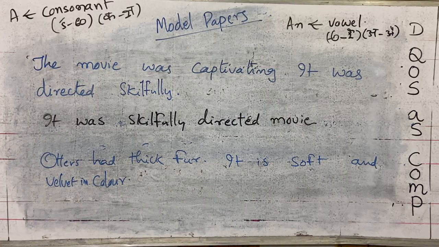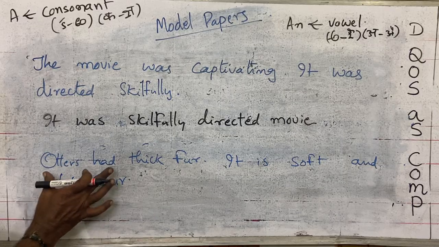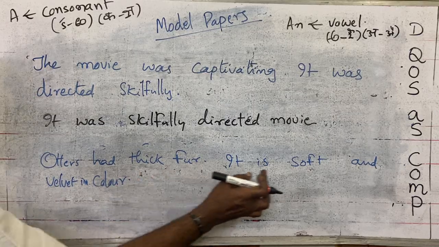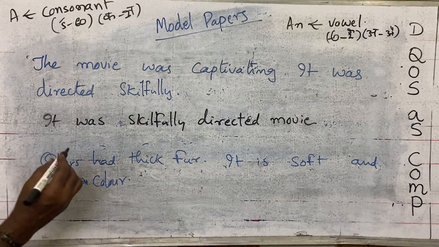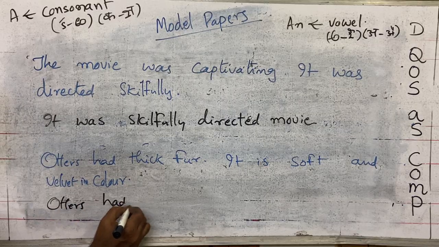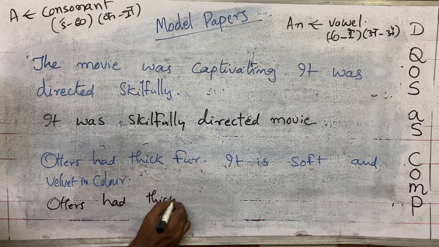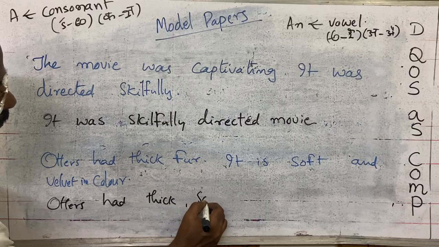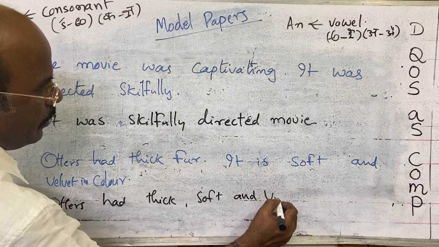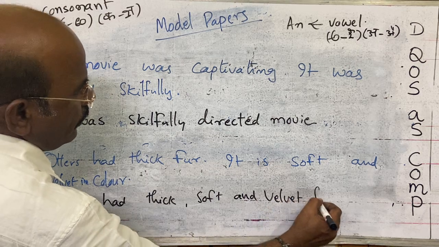You can take the fur. How is that fur? One is thick, second is soft. So otters had thick, soft, and velvet fur.